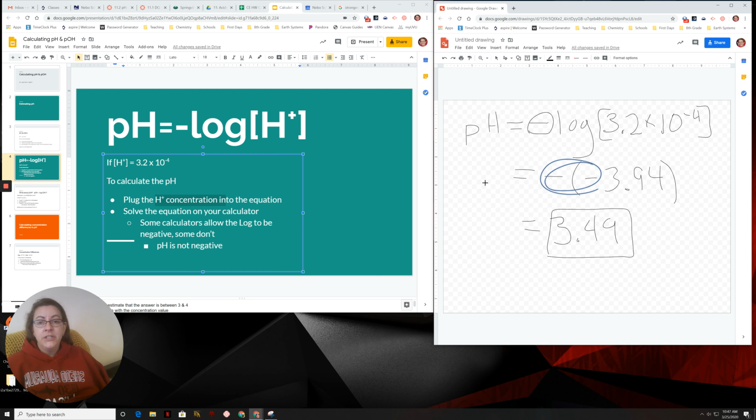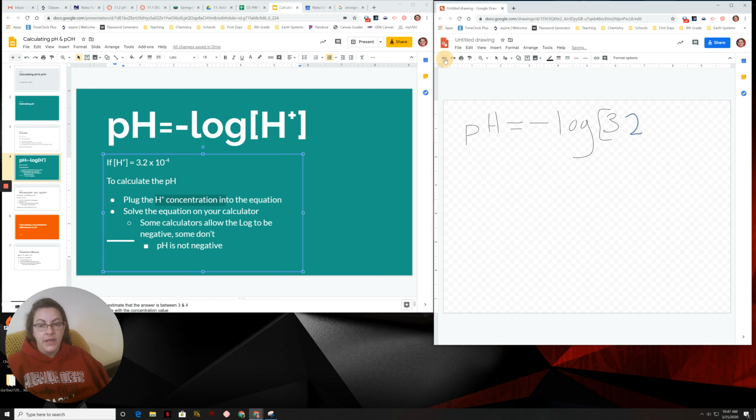The pH values that we are going to be calculating will not be a negative number. To answer a quick question, yes, there are negative pHs, but not on this normal pH scale. Those are exceptions.